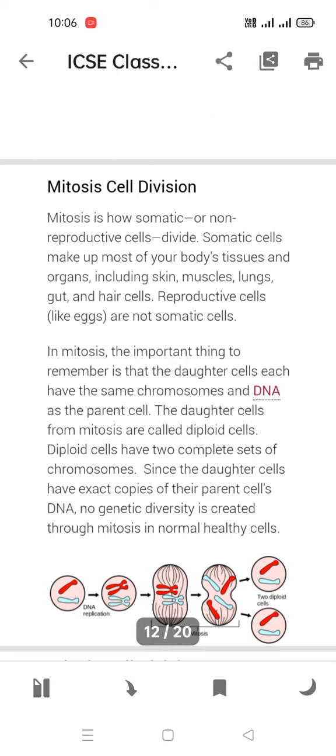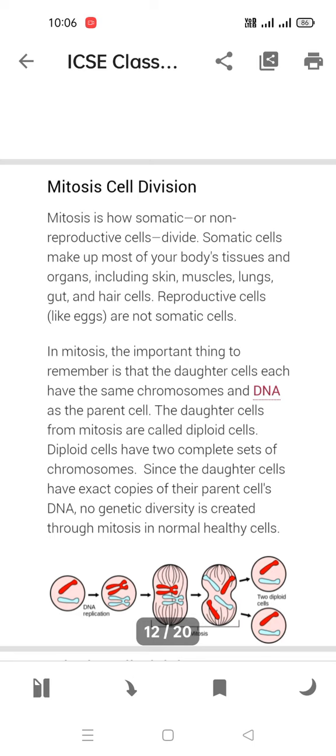So what is mitosis? It is the body cell, isn't it? Somatic means the body. Body cells or non-reproductive cells, they are not reproductive cells. Reproductive cells are formed by meiosis, not mitosis.